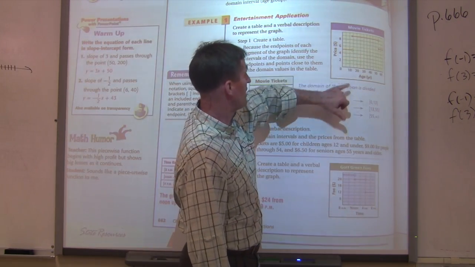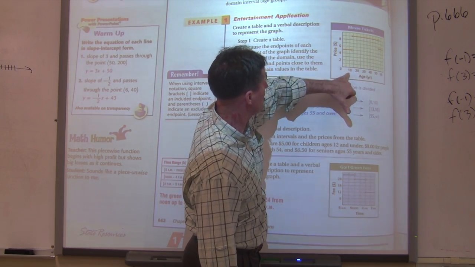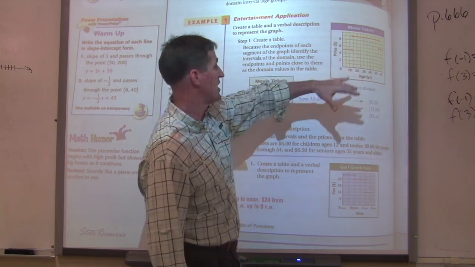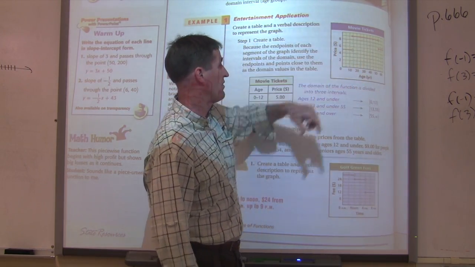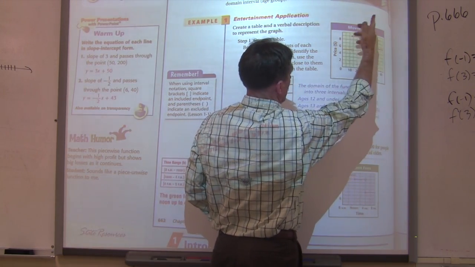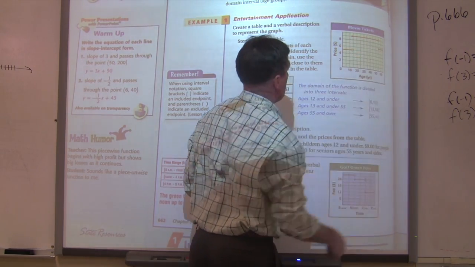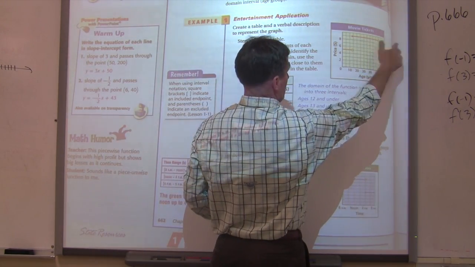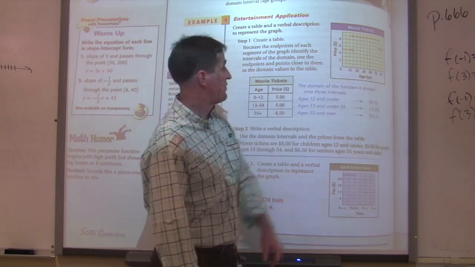So you can see here we've got the movie tickets, and for your age, it looks like, since this is 15, it's somewhere in here, 13, 14, that if you're 13 or 14 or less, it's $5. And then once you turn 13, so I'm going to say 13 up to 50, then they charge you $9. And then once you turn 50, you have your senior discount, and so it drops down to $6.50.